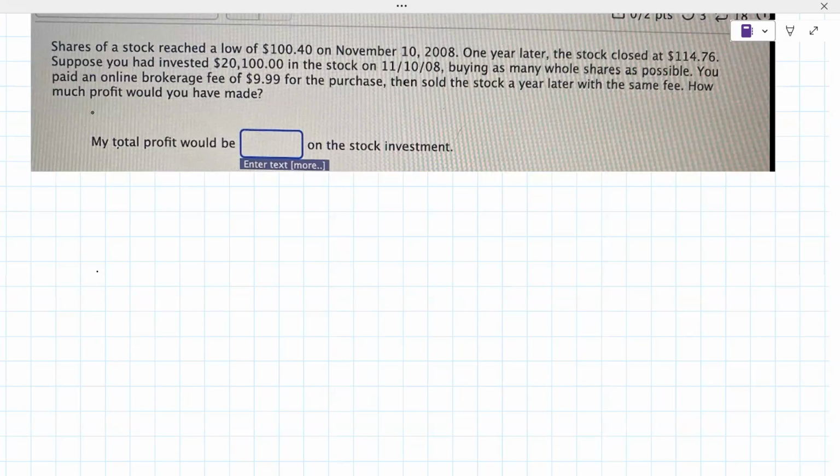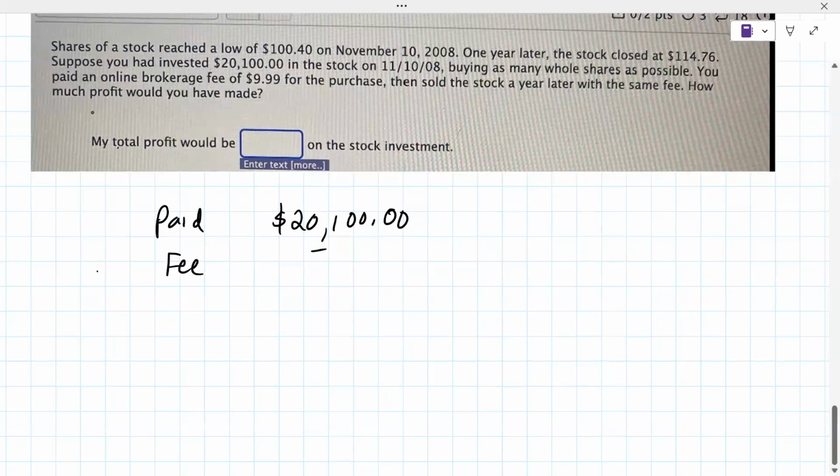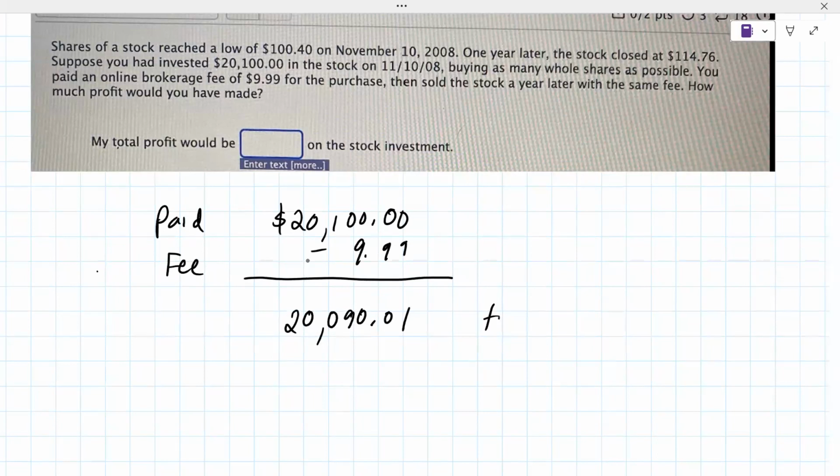Okay, so again, it's a scenario here that's maybe very foreign to you. This one's worked a little bit backwards. You paid $20,100, but there was this fee of $9.99, which means that you only actually were able to buy $20,090.01. This is the actual money you had to buy stock.